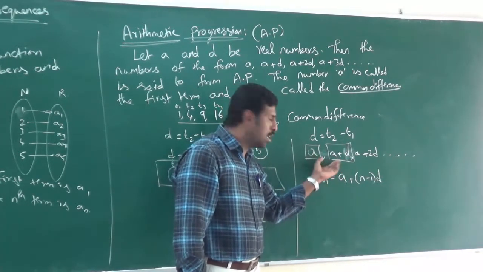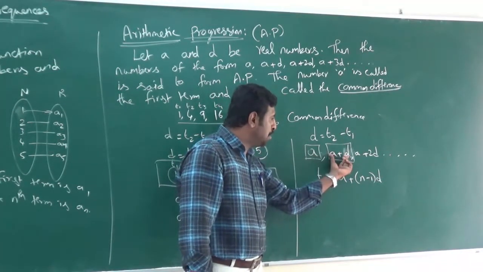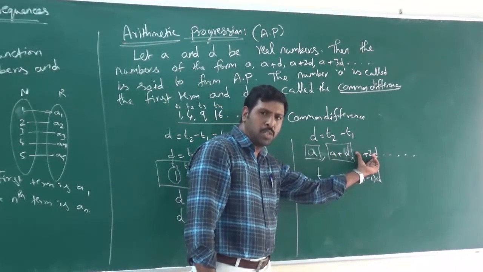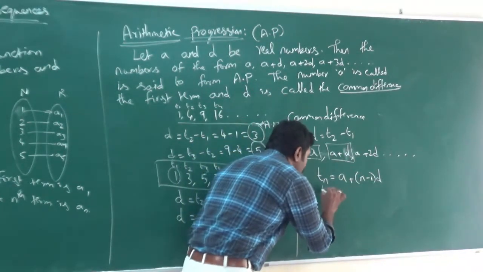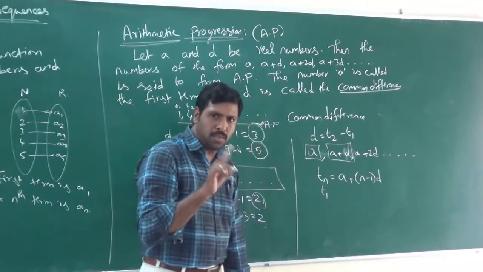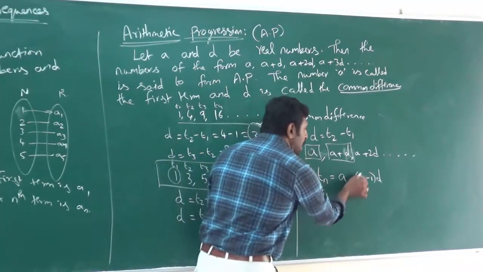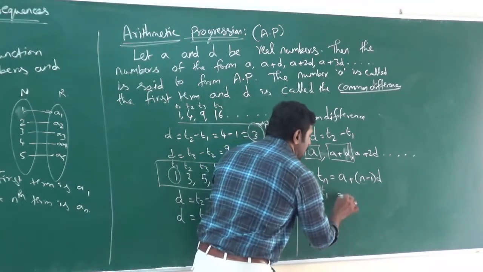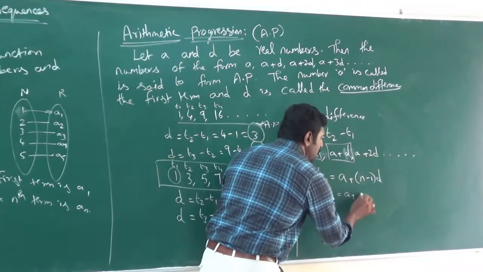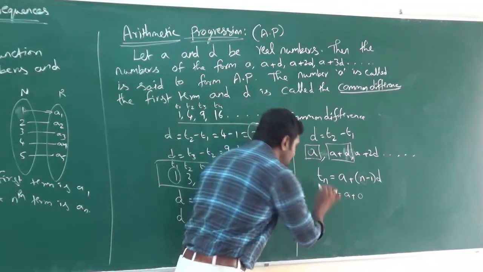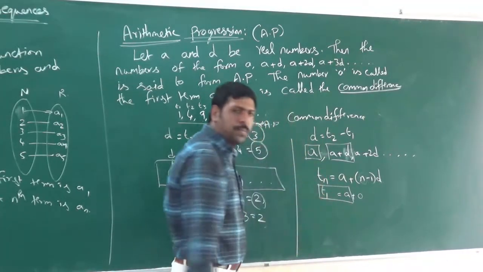So in order, the first term is A, the second term is A plus D, and the third term is A plus 2D. If I apply the value 1, we find the first term. First term is T1. In the place of n, I put the value 1, and we get A plus 0 into D, which is 0. So the first term is always A.